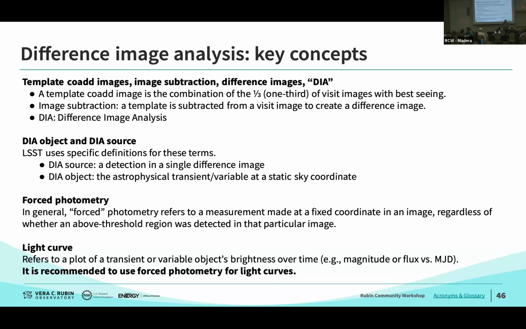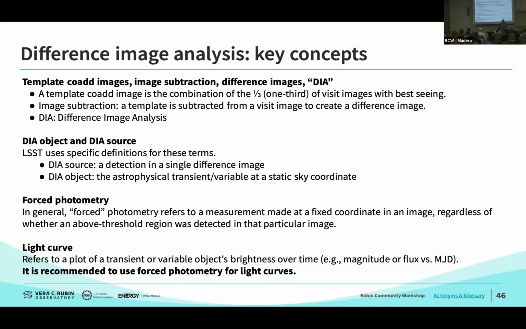You have source tables, which come from the visit level images. So the difference image of a single visit with its template subtracted, the things you detect there are DIA sources. And then of course you have DIA objects, which are sort of like the superset of all of those, corresponding to the astrophysical objects on the sky.